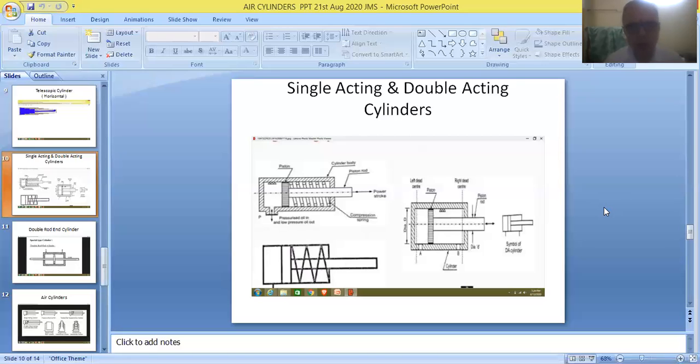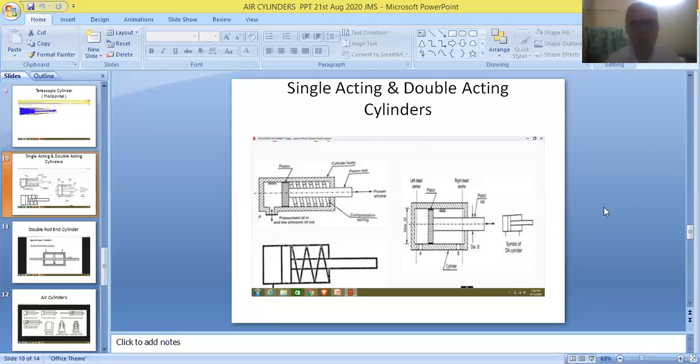That means here in the first item, fluid will be entering and leaving the cylinder from the left hand side of the piston, so fluid will be acting only on one side of the piston. Therefore, it is called a single acting cylinder.